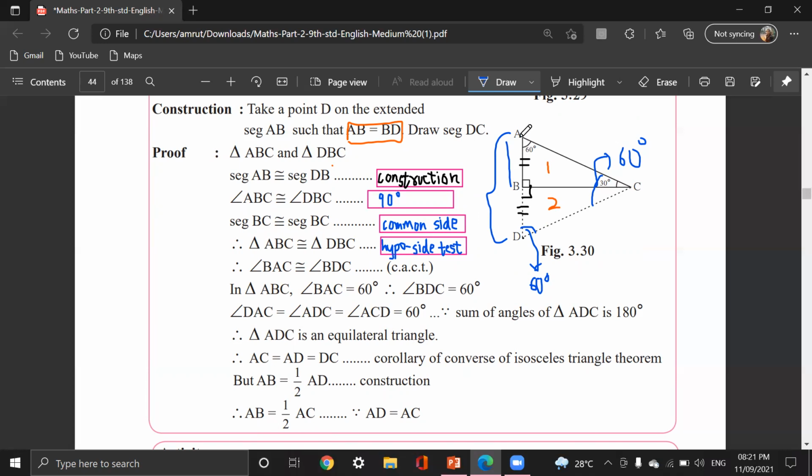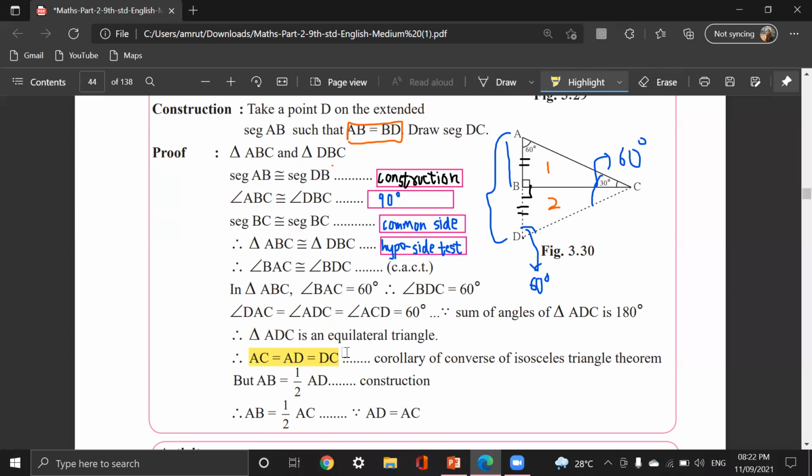And we already know that AD is equal to AC is equal to DC because of the equilateral triangle. So in place of AD, we can definitely write AC because all the three sides are equal. We have given here that AC is equal to AD, so in place of AD, we can replace AC.